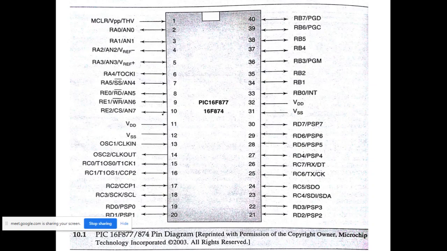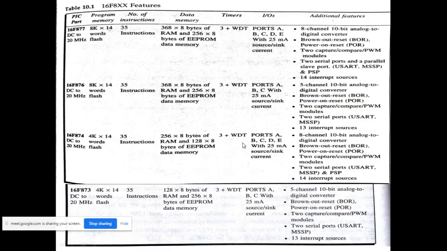So let us begin. Currently we are discussing this PIC microcontroller 16F877. We have discussed the different family members, particularly which are lying at the highest level in this family, and the device which is lying at the highest level is 16F877.